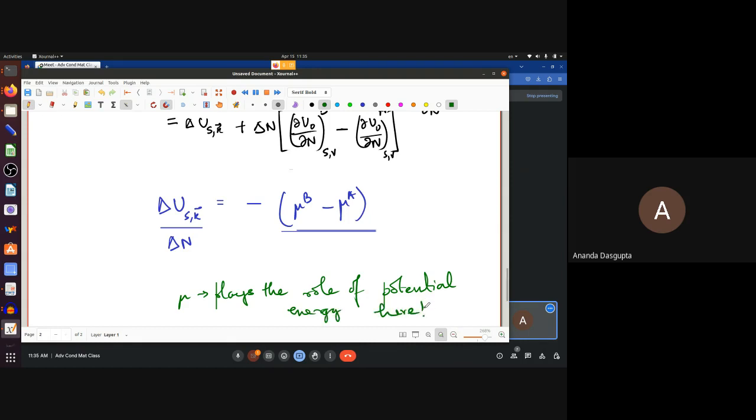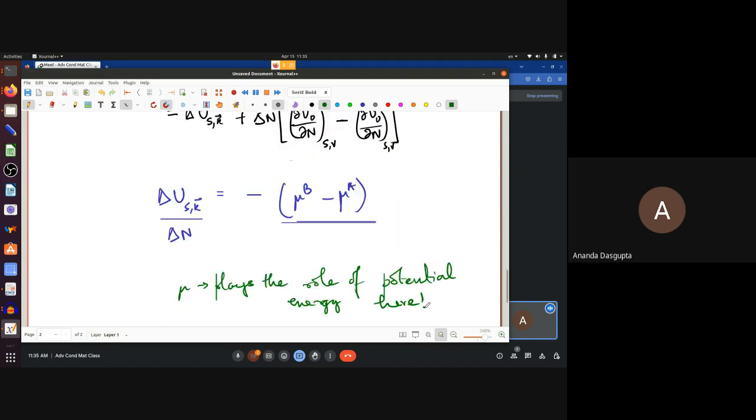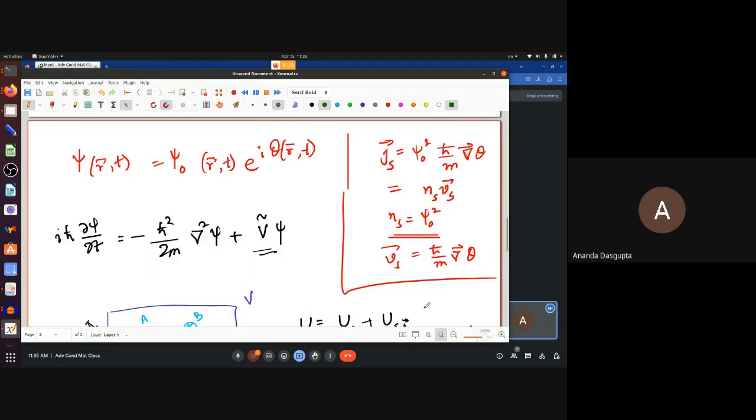Okay? So this helps us to end up with the identification that when we write down the Schrodinger equation for an effective point particle, remember this is the wave function which every particle in the condensate obeys, a one particle wave function.